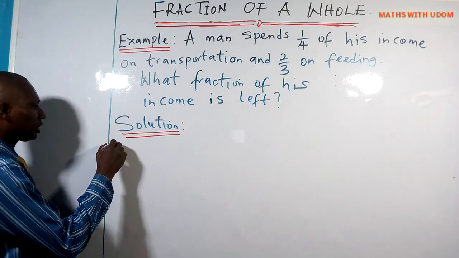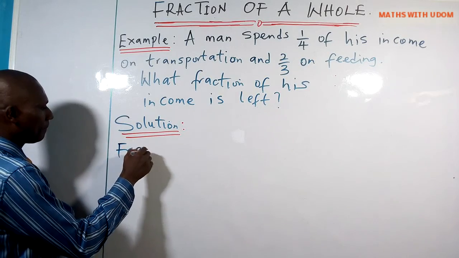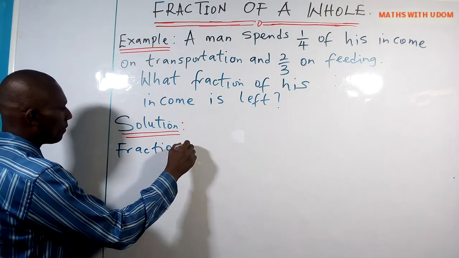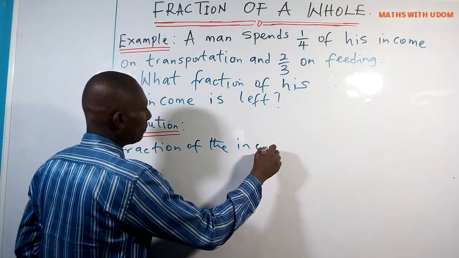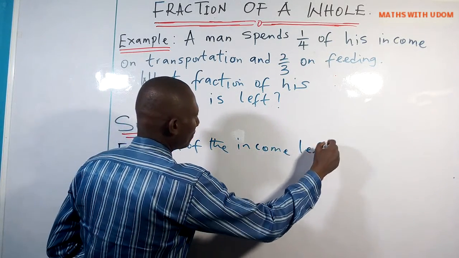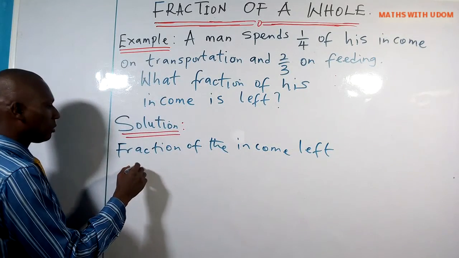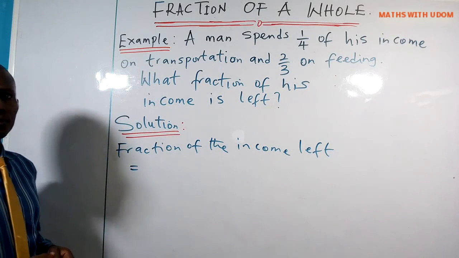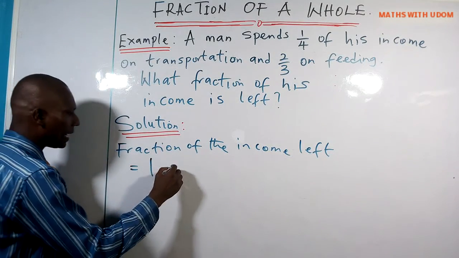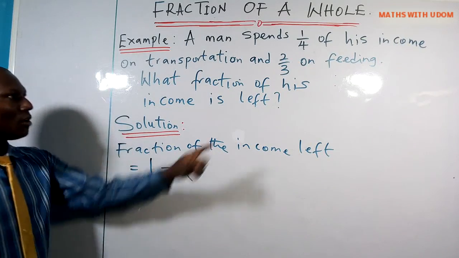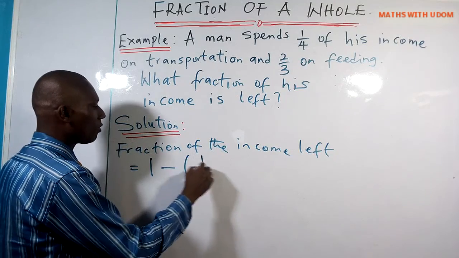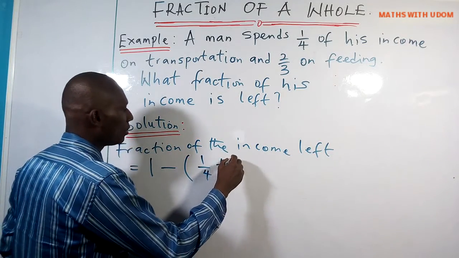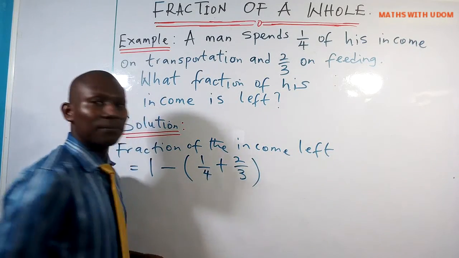So we write: fraction of the income left equals 1 minus the addition of the two fractions given in the question. And what are the two fractions? We have 1/4 plus 2/3.